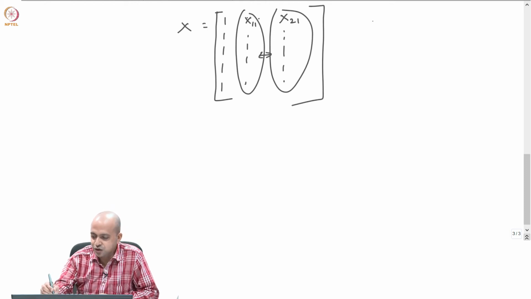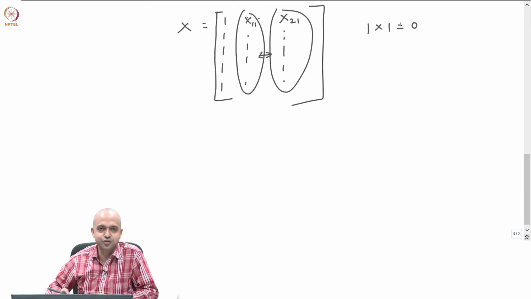As a result, the determinant of this matrix becomes 0 when there is perfect linear dependence.